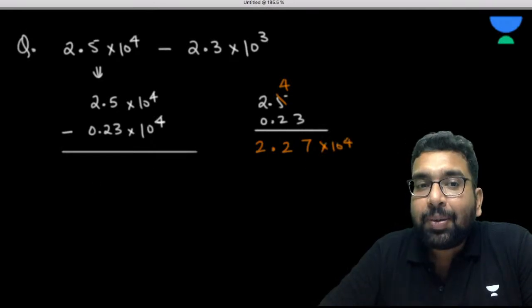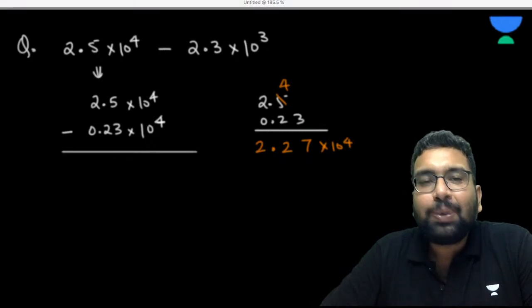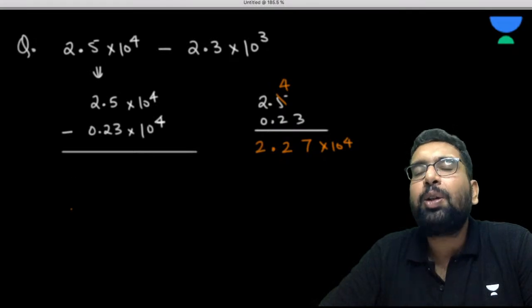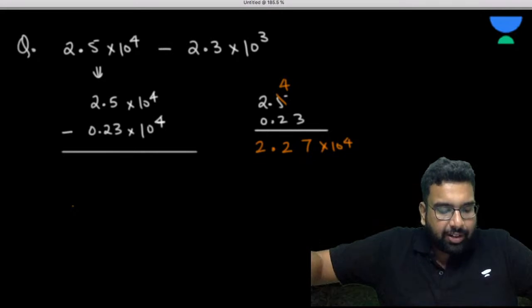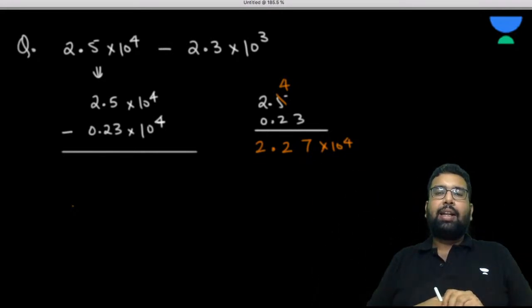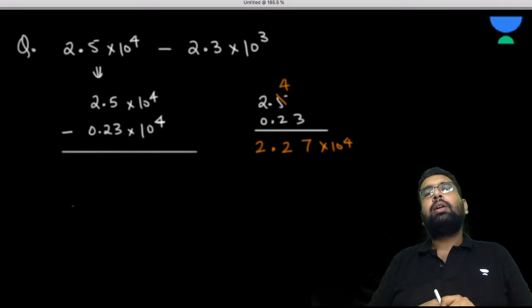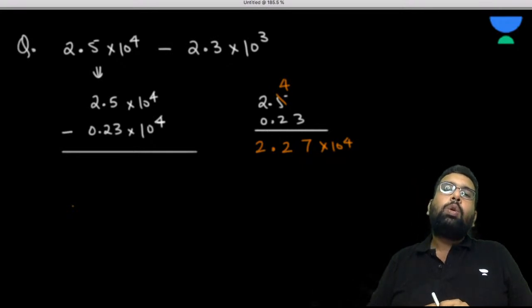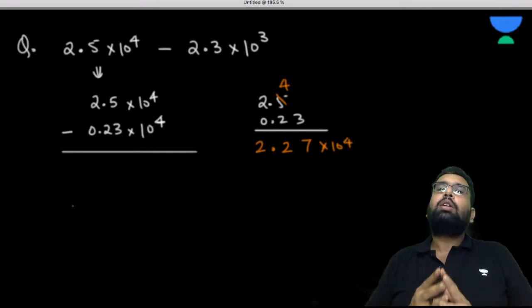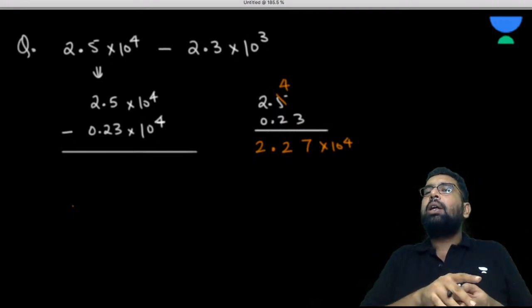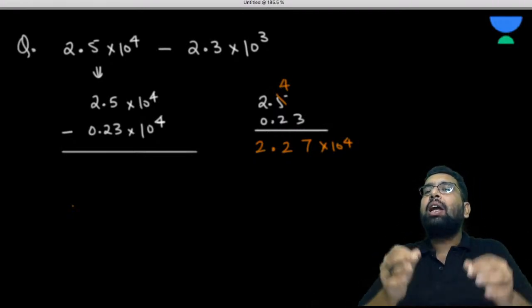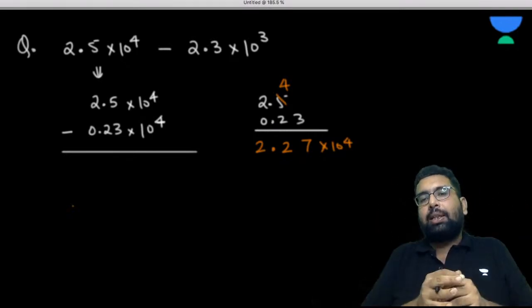Is it going to be the final answer? No, it is not going to be the final answer, because in addition or subtraction, we must round off the final answer to the number of decimal places as present in the value having the least decimal places.